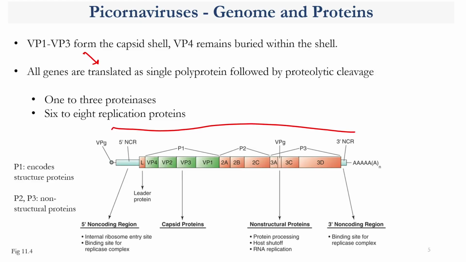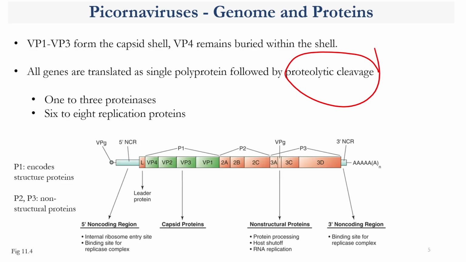So what that means is you're gonna synthesize one polypeptide, and then you cleave that polypeptide to form those functional peptides. So you undergo proteolytic cleavage, and there are 1 to 3 proteinases that will do that, and there are 6 to 8 replication proteins that are synthesized by this genome, okay?